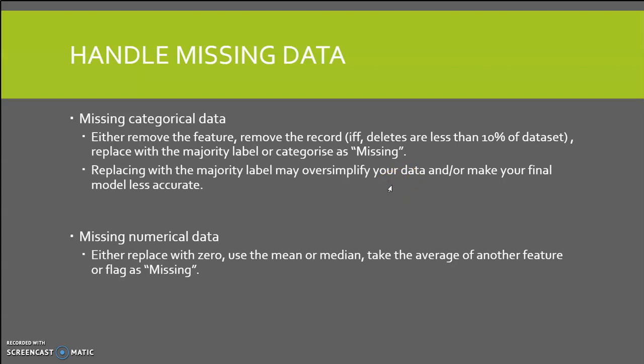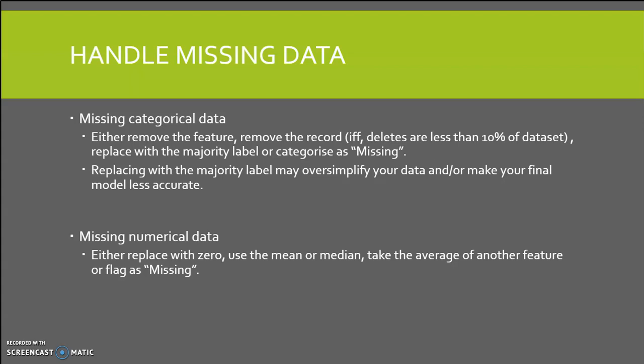Replacing with the majority label could unfortunately oversimplify your data because there's too many of it. For example, if the majority is yes, or the majority is female, and there's a missing value and you replace it with the majority, female, then you are training your algorithm to identify a lot of cases related to the gender women.